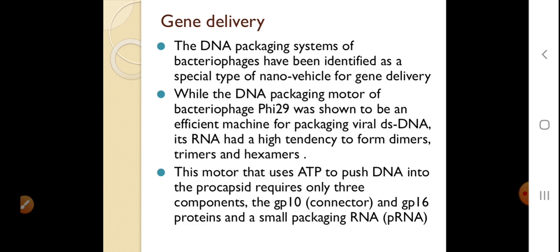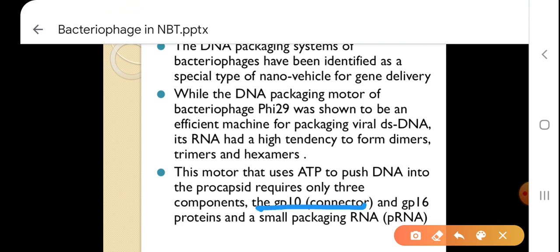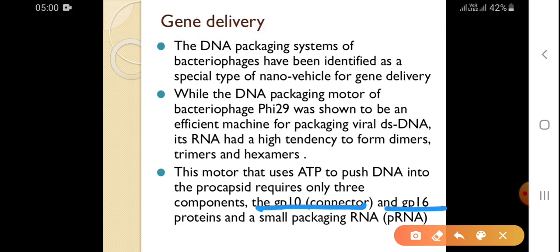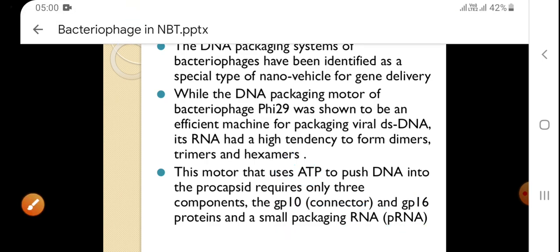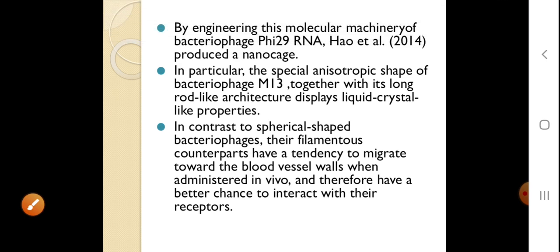Three components are needed: gp10, the connector protein, gp16, and a small packaging RNA. All of these three are needed, along with ATP. They will push the DNA into the procapsid, and now this mechanism is utilized. So you are literally using this as a nanocage.